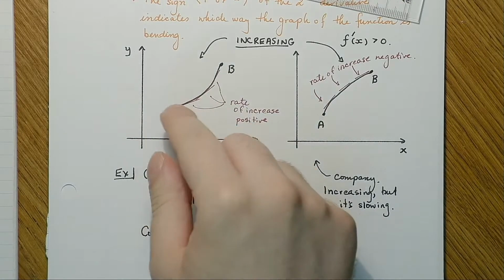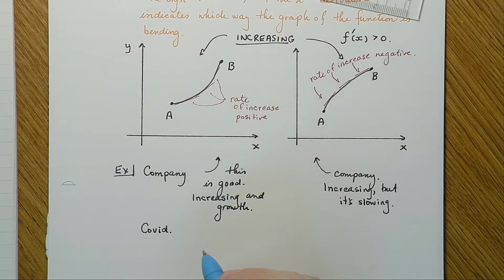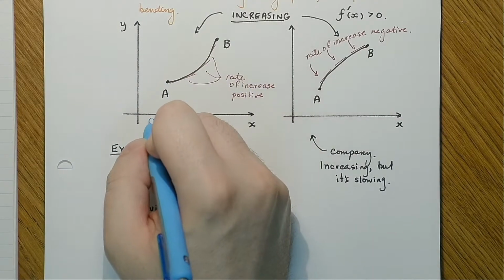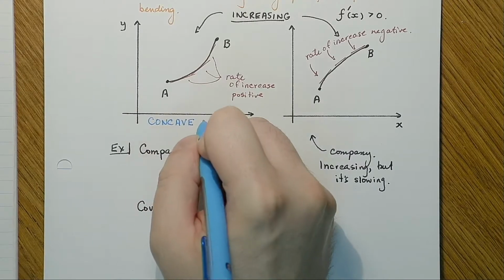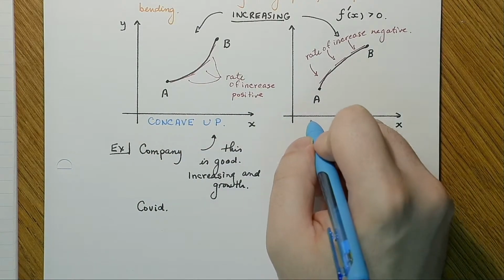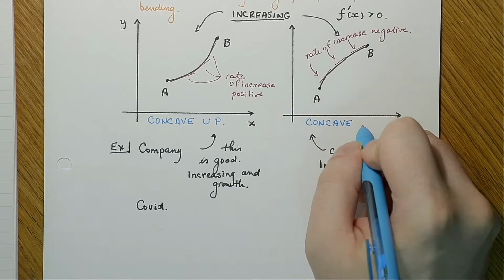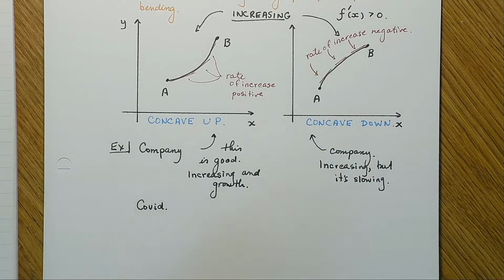When it's increasing and it's going up like this, this is what we call, I'll write it here, concave up. And this one is called concave down. So that is why we get the word convexity.